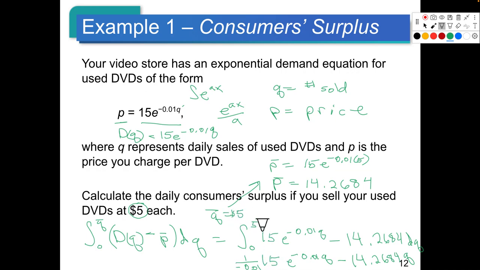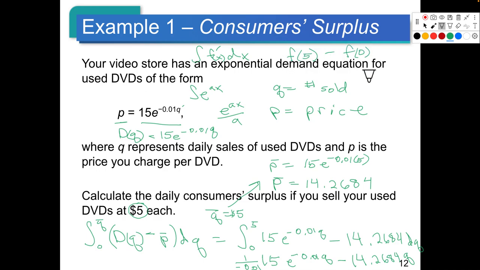We plug in 5 for q here and there, get a number, then plug in 0 for q, get another number, and subtract the two. Once we integrate something, it's the function at 5 minus the function at 0. This is the integrated function. We integrated f of x dx.